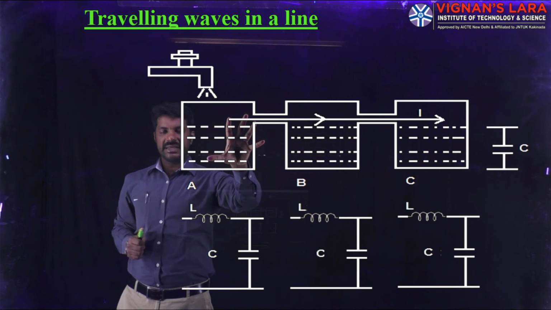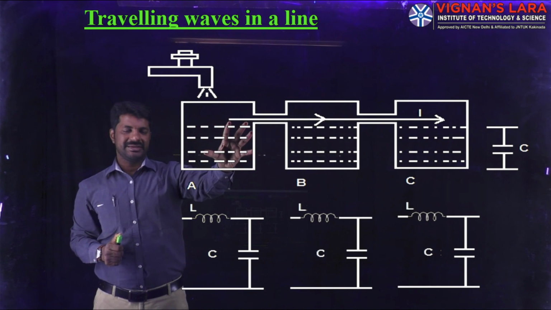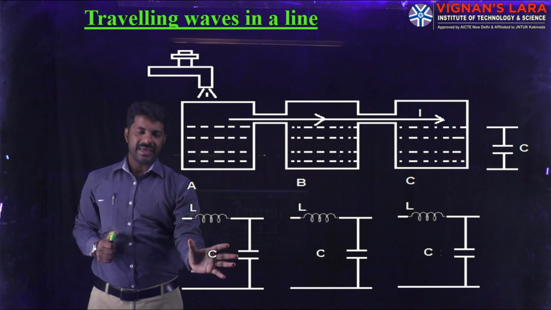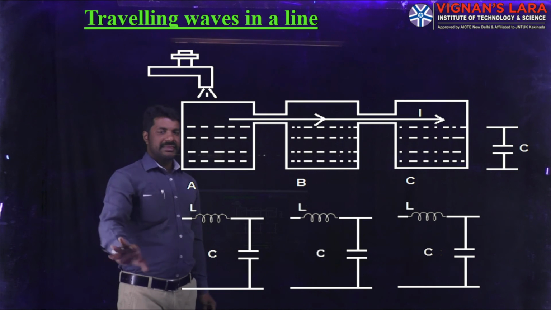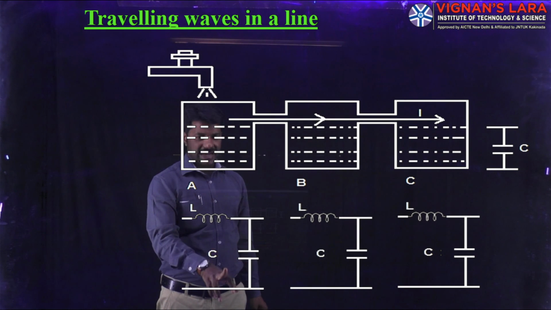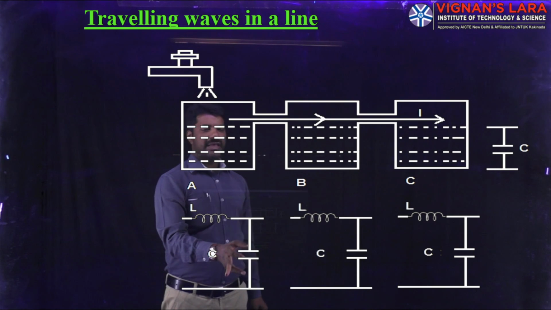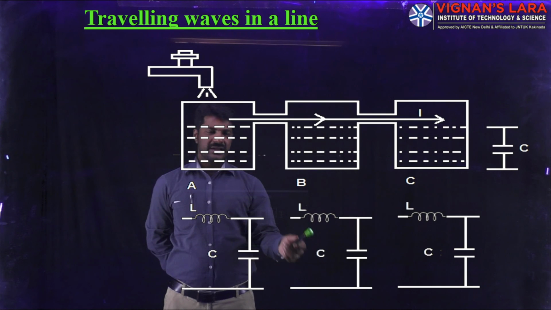Whatever the quantity is, we can tell that much amount of liters is available in that tank. In the same way, whenever the voltage is impressed on the sending end side, slowly with the help of this inductor, the capacitor will start charging. It will give the supply for the next section and so on.